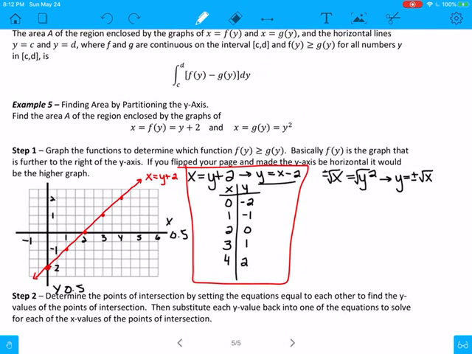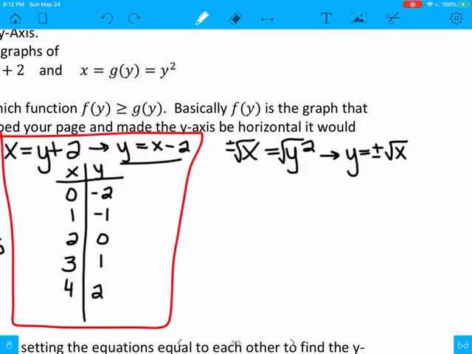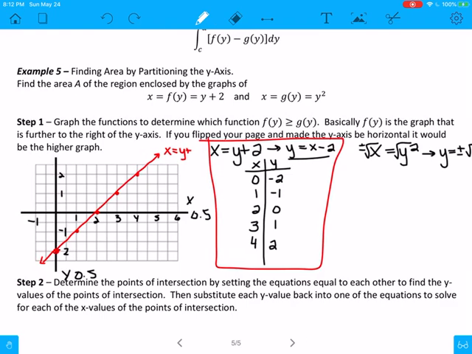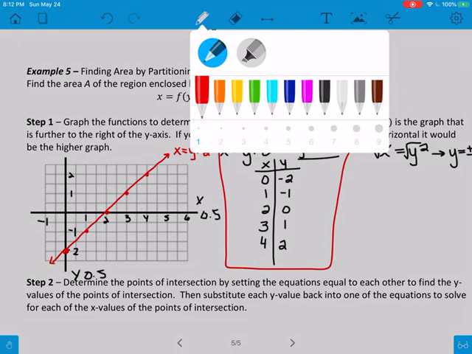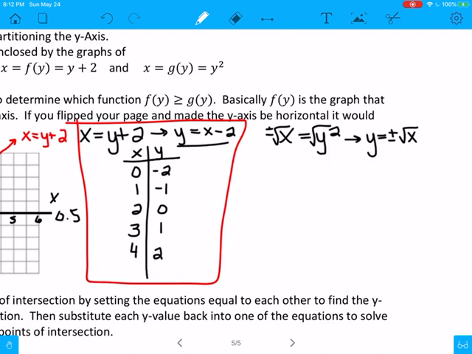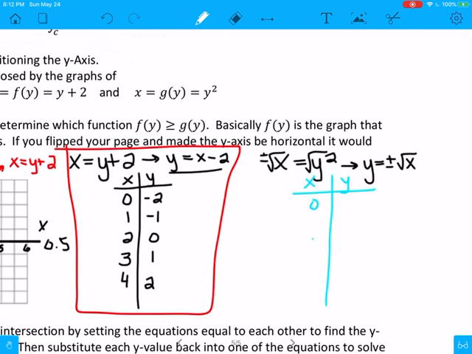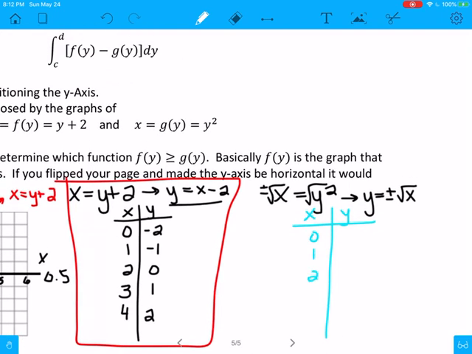Then I'm going to sketch the x equals y squared one in blue. So when I go to sketch this one from 0 to 4, when I plug 0 into this, because that's the easiest way to get the equation, 0 in for x, I get 0.